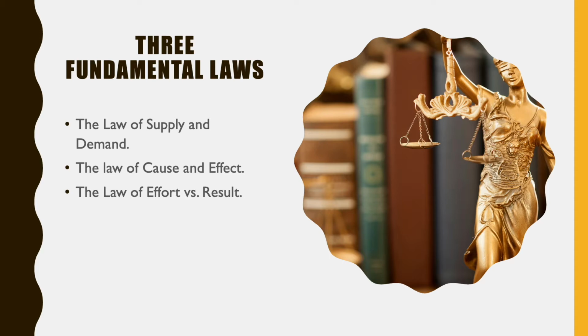The third law is the law of effort versus result. What it means is that the market maker will always take the price through the path of least resistance, meaning that as long as the supply exists, a floating supply not under the Composite Man's control, he will take the price lower and lower until all the floating supply is over and done with.